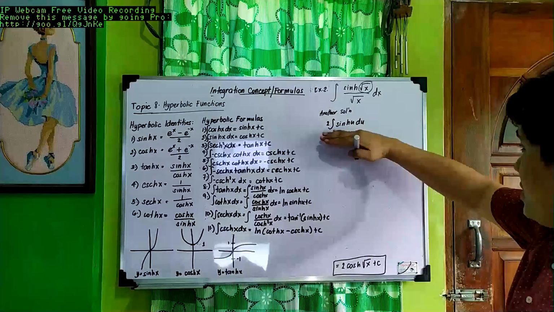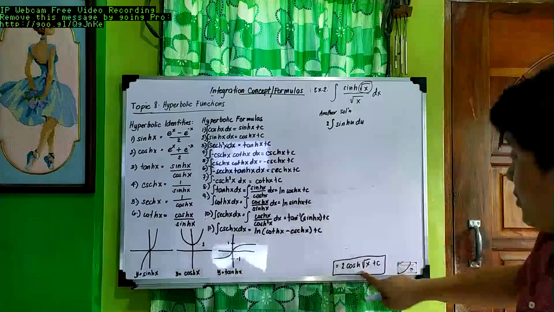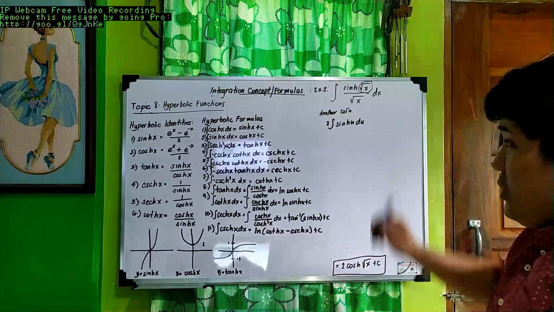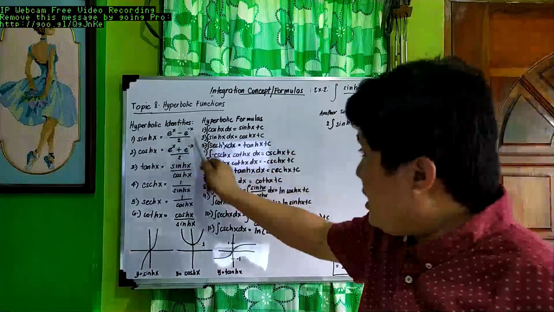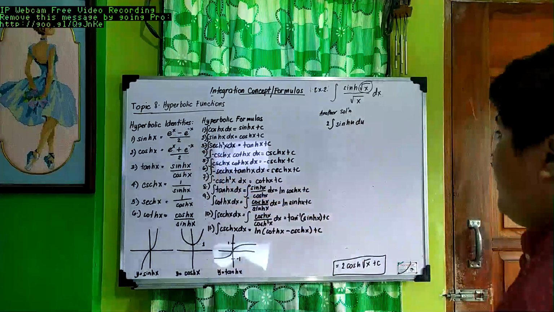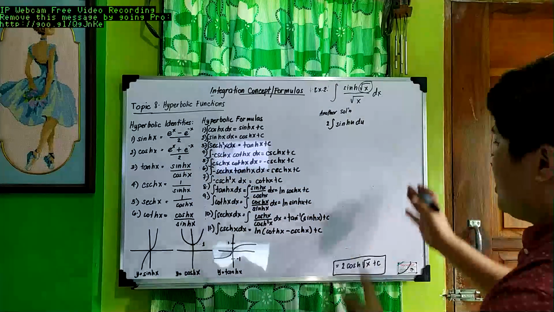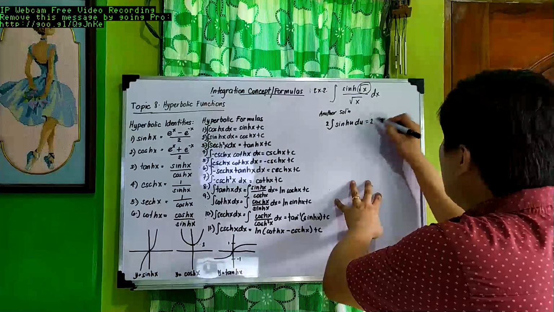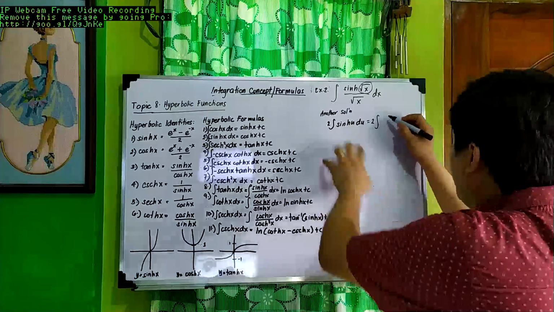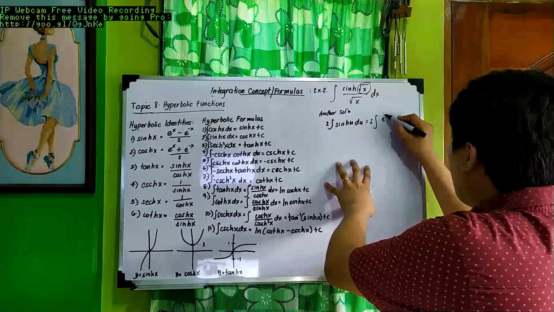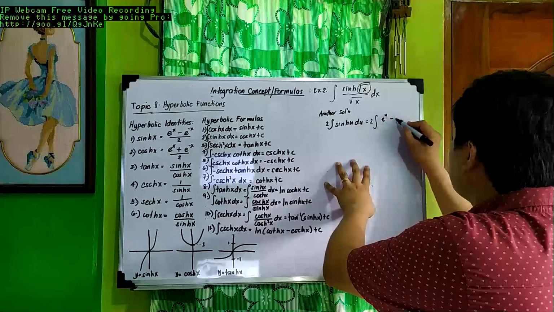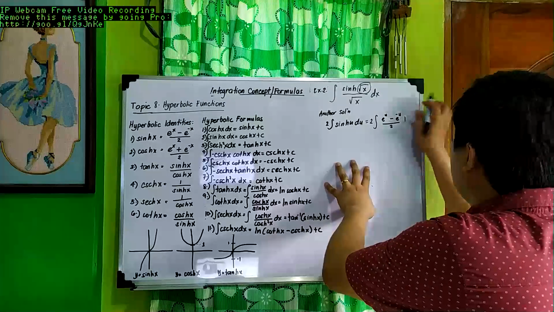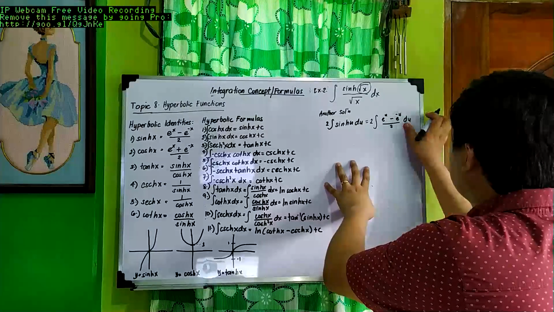So it is actually much easier for this case, as you get it already. But my point here is that these identities, this exponential, could still solve it. Okay, but it gives you a much longer means. So we have here 2 times the integral of sine hyperbolic, which is e raised to the power of u minus e raised to the power of negative u, over 2, du.